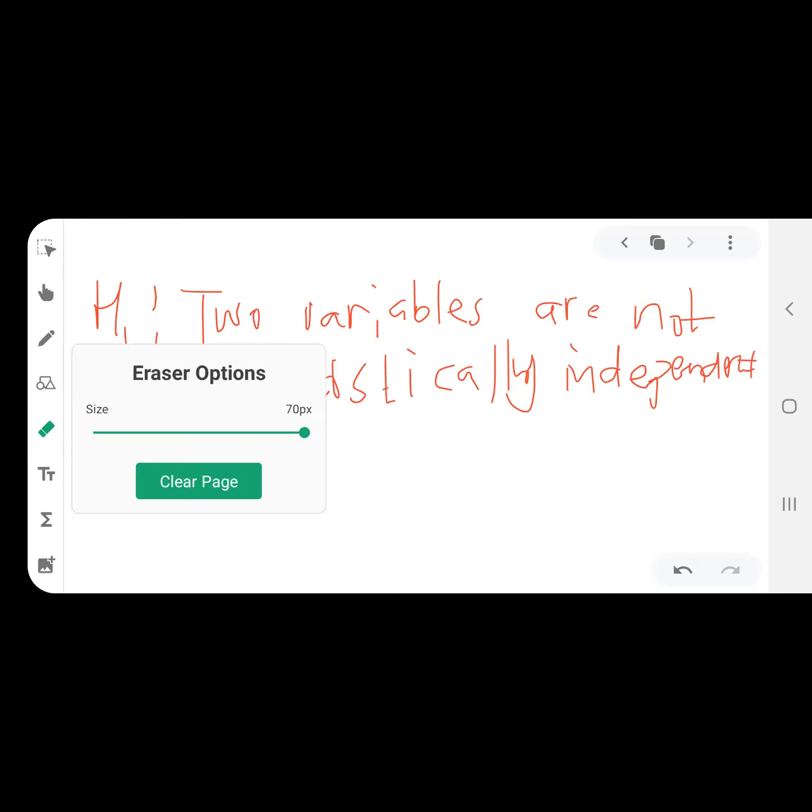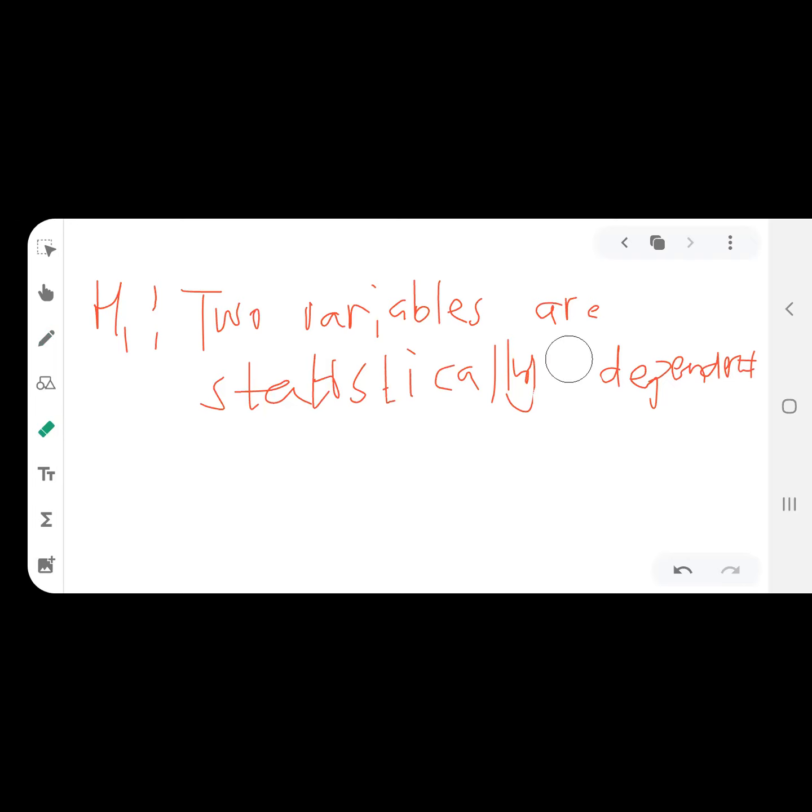You can also say, instead of saying they are not statistically independent, they are statistically dependent, meaning that the outcome of one variable influences the outcome of another variable. It means that variable 1 affects the occurrence of variable 2, or variable 1 affects variable 2. Do you understand? Yes, you do. Okay.